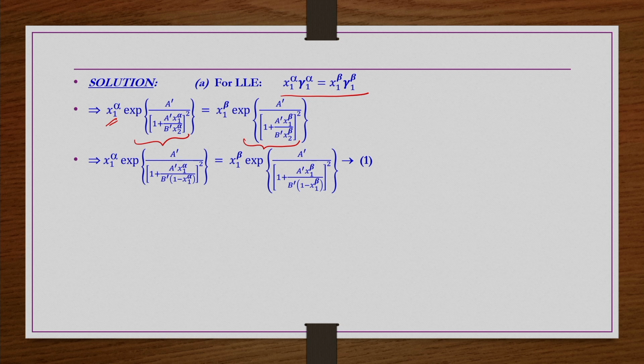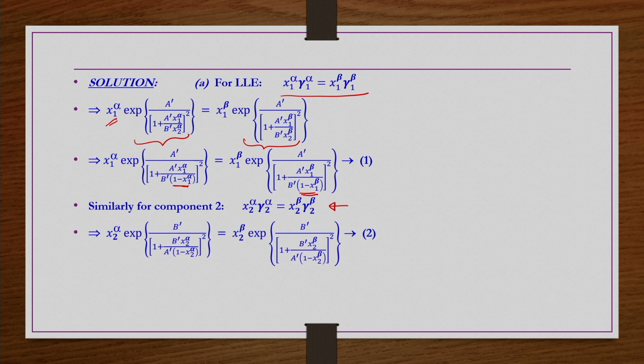Similarly for component 2, before writing it, we write this entire equation in terms of x1, so wherever x2 is there we write 1 minus x1. The entire equation is then in terms of x1 alpha and x1 beta, because everything else, A prime, B prime or A1, B1, is given. Now the LLE relation for component 2 is x2 alpha gamma 2 alpha equals x2 beta gamma 2 beta.